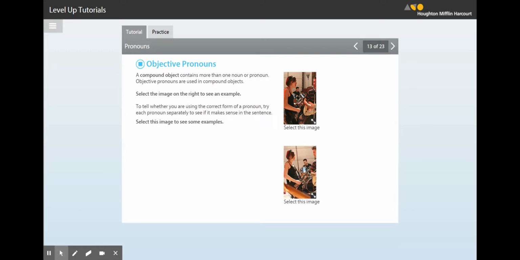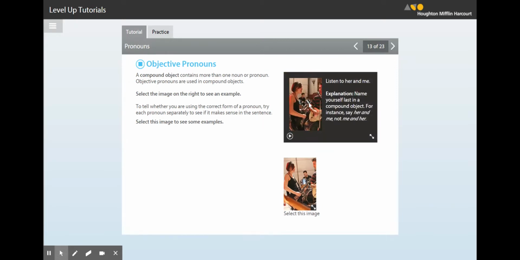A compound object contains more than one noun or pronoun. Objective pronouns are used in compound objects. So select the image on the right to see an example. Listen to her and me. Name yourself last in a compound object. So her and me, not me and her.